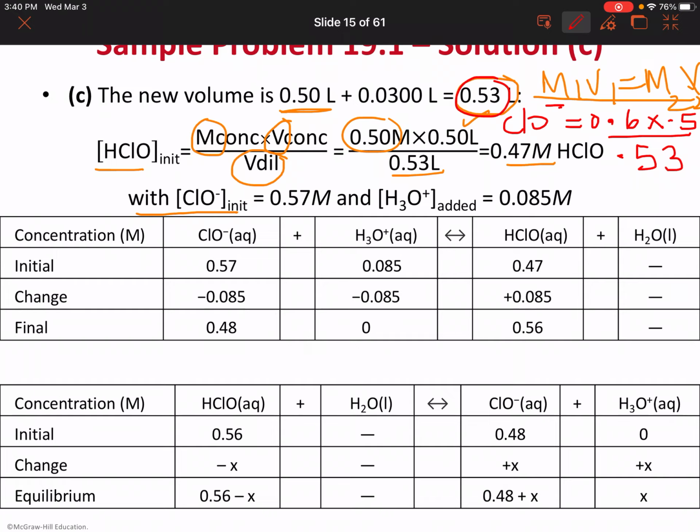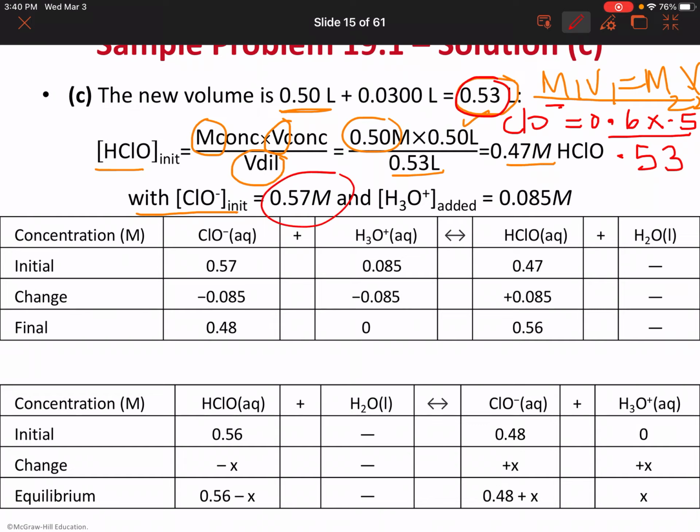That will give you 0.57. Can you do that calculation and see if you get the same number? 0.566. That's how you calculate this value.